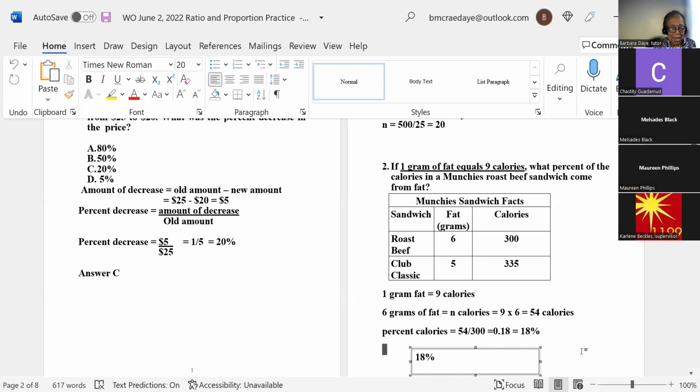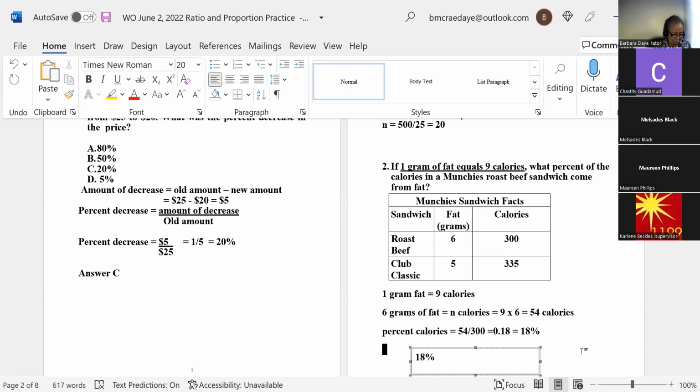Okay. Now, since you understand this, suppose I changed this and I said, what percent of the calories in a club classic sandwich come from fat? I want you to find that for me. Tell me what it is. First of all, because 1 gram is equal to 9 calories, you're going to multiply.